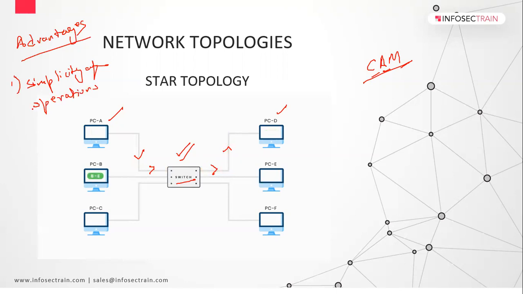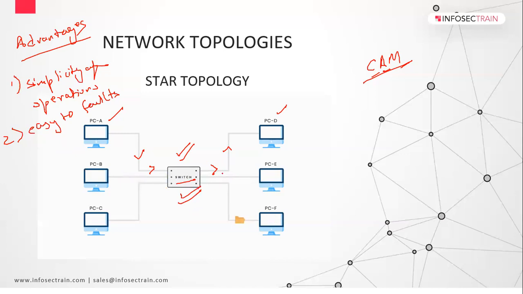The next advantage is again regarding the switch and centralized nature. Due to the centralized nature, it is easy to detect faults. It becomes easy for us to detect a fault in star topology because it has a centralized device in between.